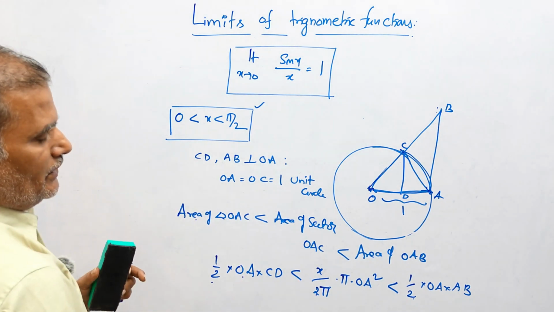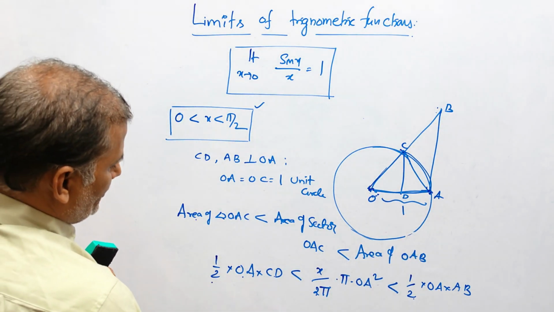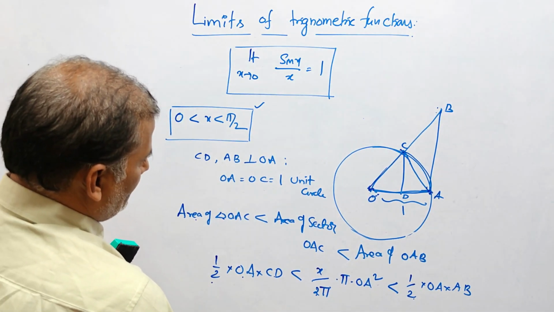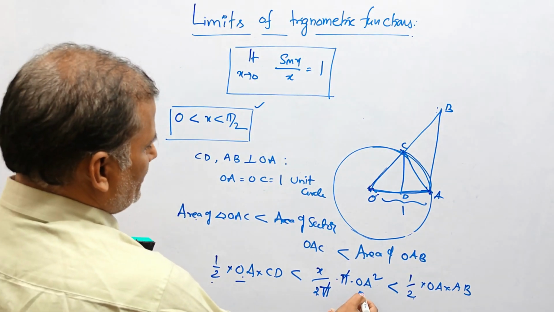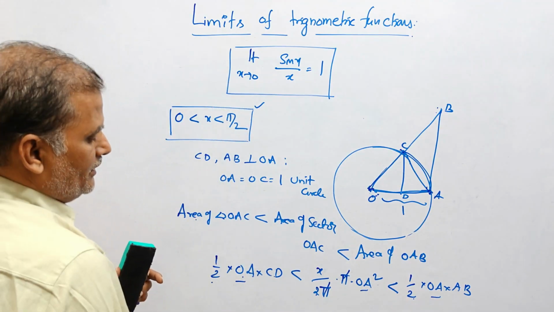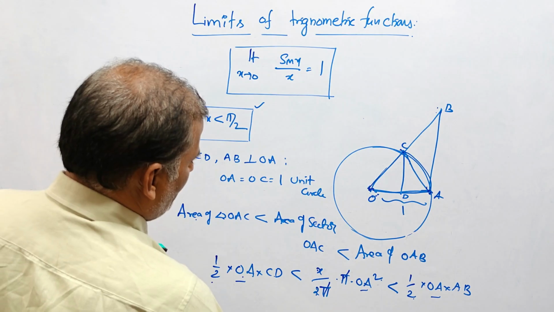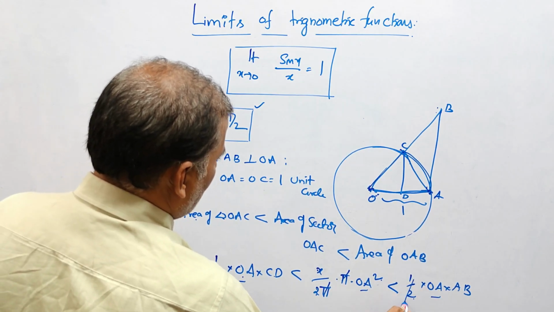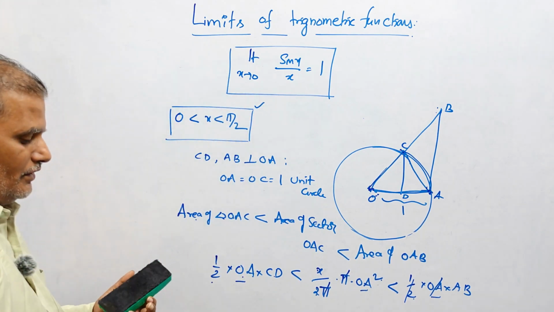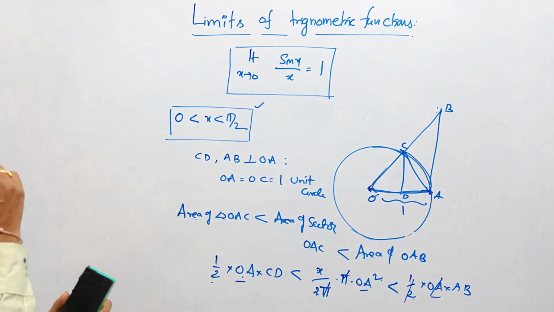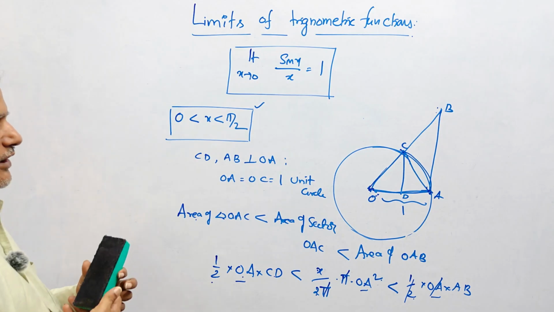OA into CD, OA is unit radius, 1. Now this is CD less than, here pi cancels, and in all three cases OA also cancels. Here x is remaining. In OA square, one OA is remaining, and here half also cancelled, OA cancelled, we get AB. Now from this we conclude that CD is less than x into OA, which is less than AB.